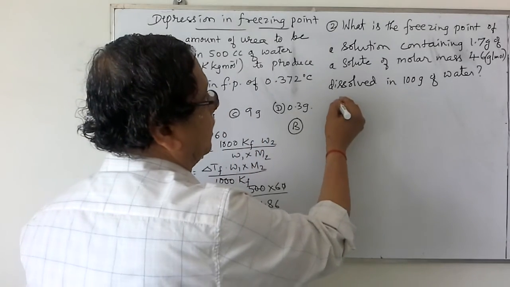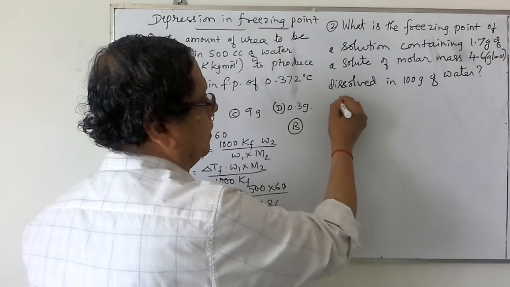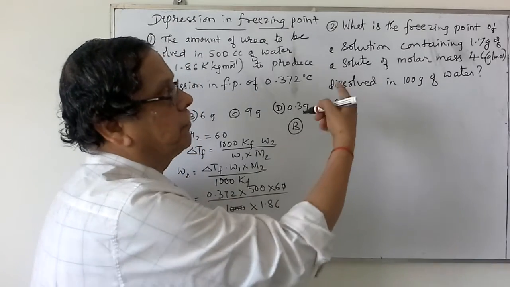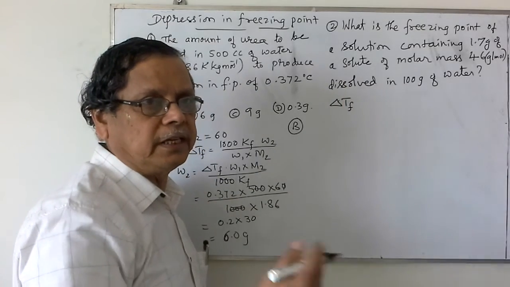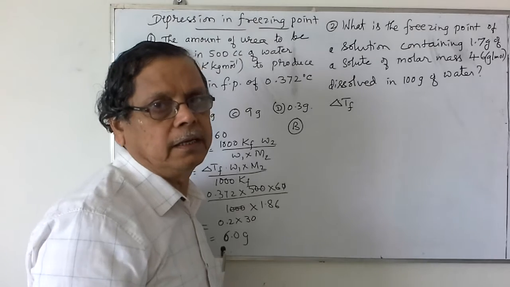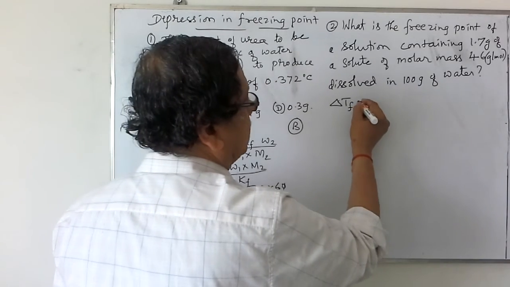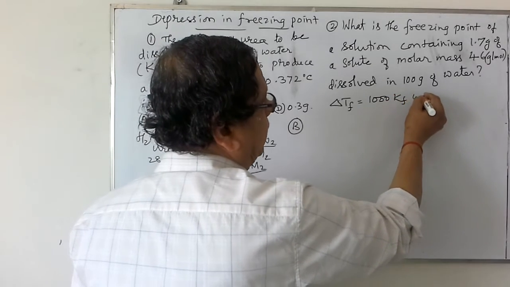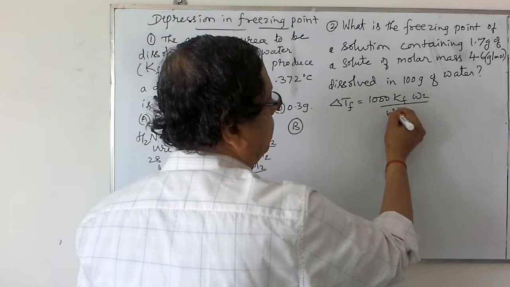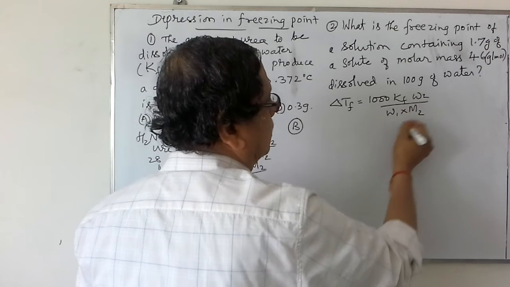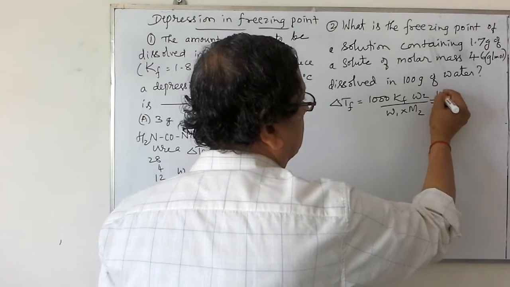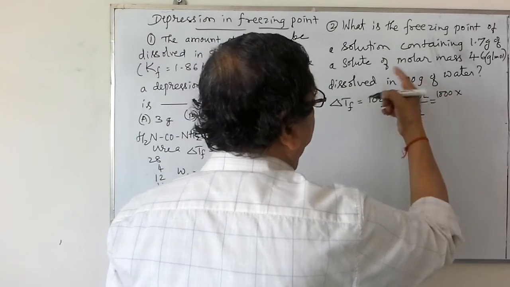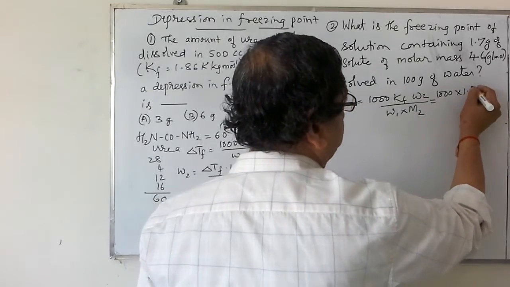Now directly calculate delta Tf first, because the freezing point of the solution is asked, and delta Tf is the difference in the freezing point of water and the solution. So delta Tf is equal to 1000 Kf W2 divided by W1 into molar mass. Kf is 1.86 for water.